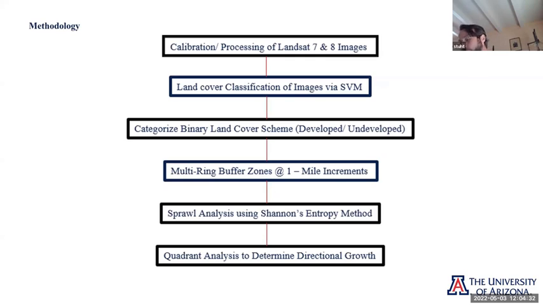Here's the basic methodology for the study. Landsat 7 and 8 images were corrected. Land cover classification utilized USGS level 1 land cover classes in conjunction with the support vector machine supervised learning model. These classes were broken down into developed and undeveloped.